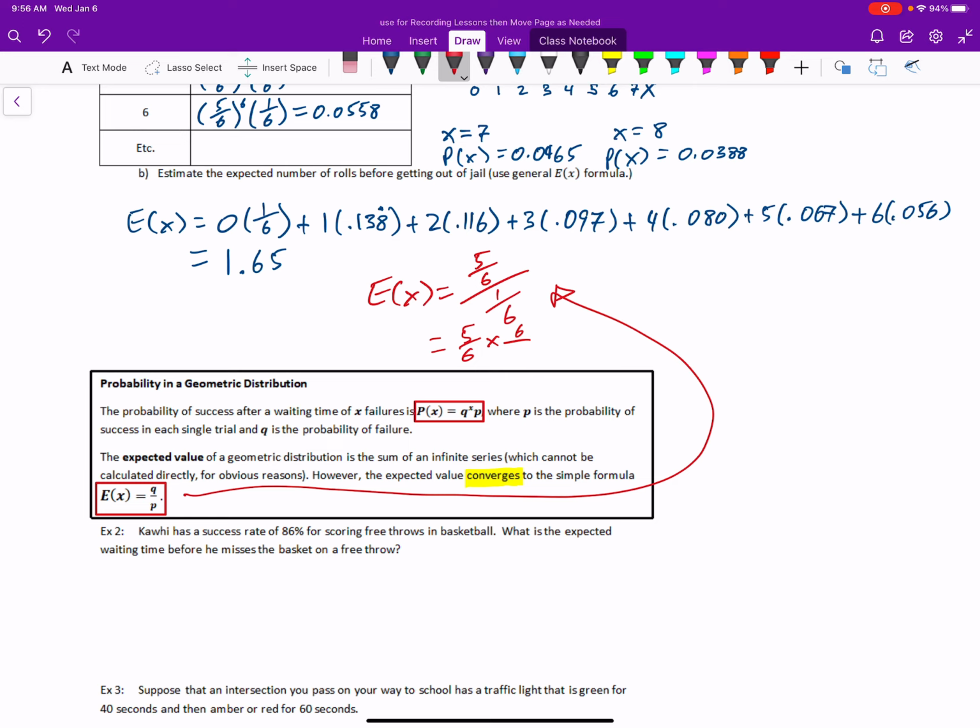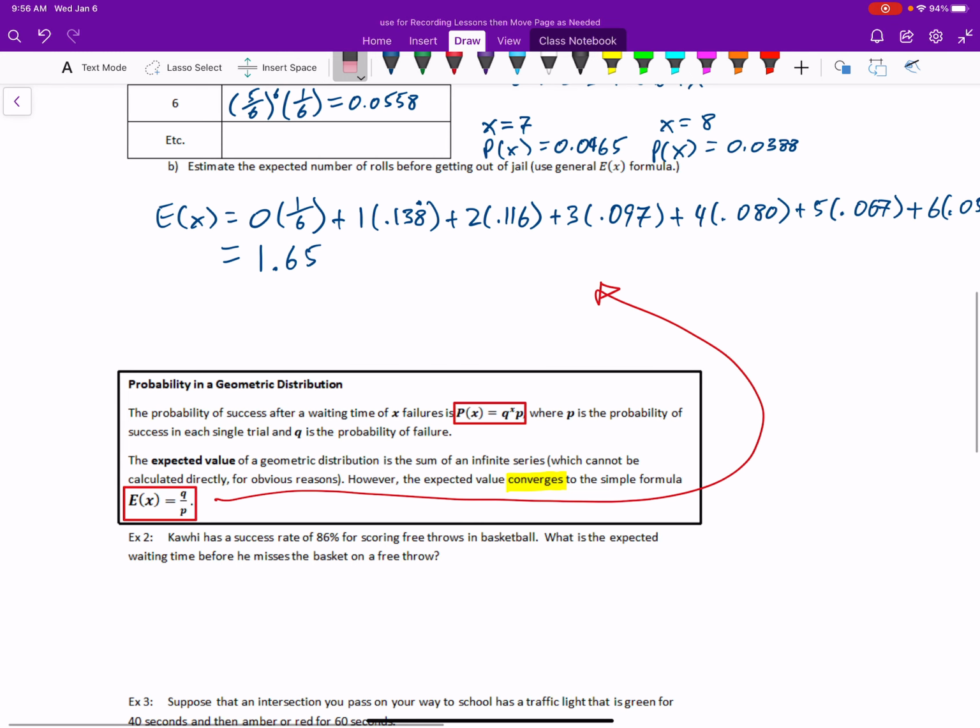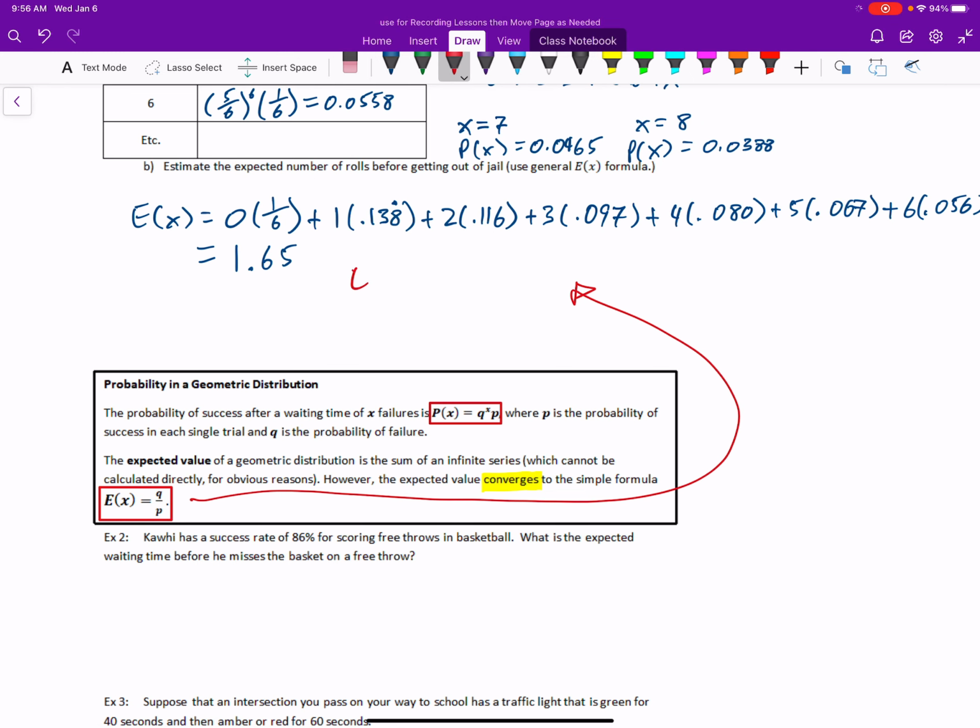What have I done wrong here? 5 over 6 divided by P, which is 1 over 6. I'm not getting what I expected, so I'm just going to backtrack and do it a little more slowly. So, E at X equals 5 over 6 divided by P, which is 1 over 6. So 5 over 6 times 6 over 1, which equals 5.